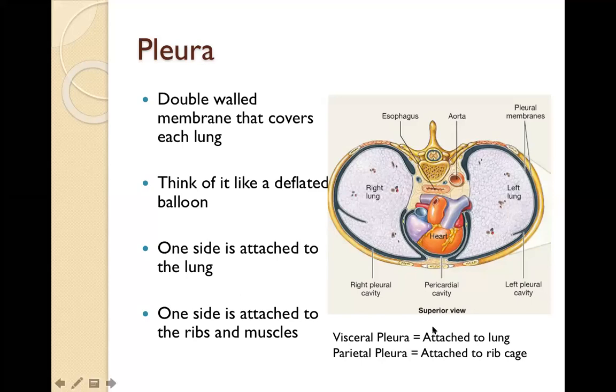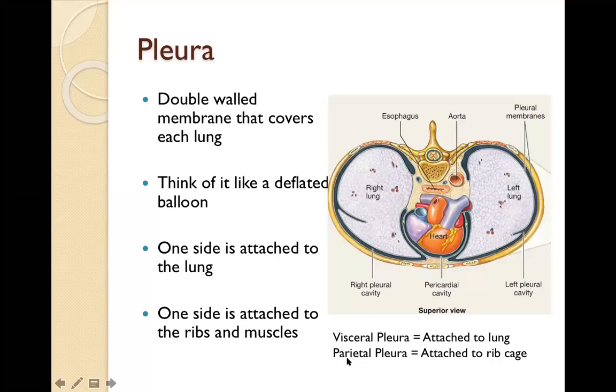The layer that's attached to the organ itself is always called the visceral layer. So this is no different. The visceral layer is attached to the lung, and there's always a parietal layer, which is not attached to the organ itself.